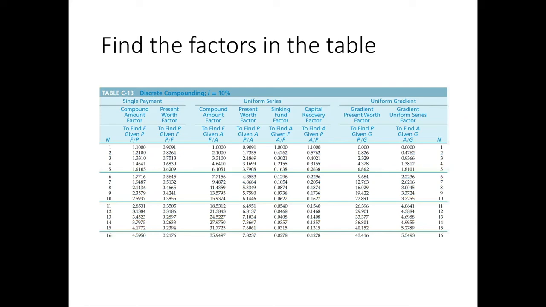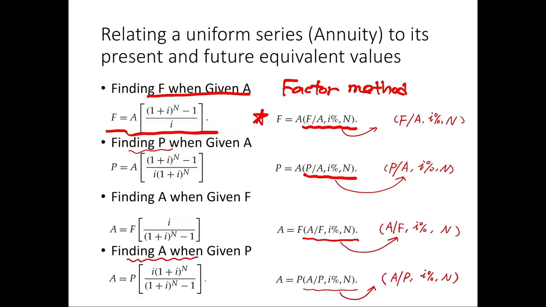All right, after you know how to write this factor, the way to calculate the F given A is very easy. F equals, because you are given A, A times that factor. And to find P when given A, you put the A at the beginning, so A times a factor.